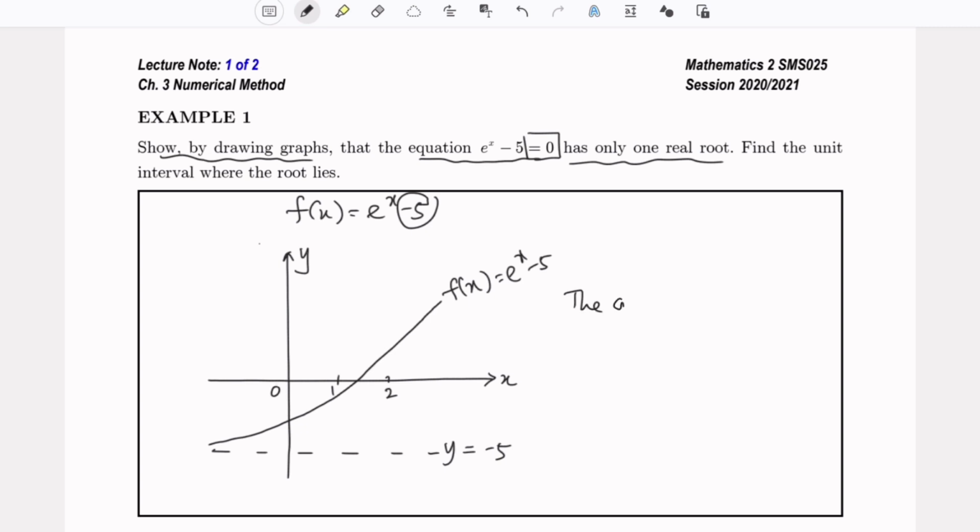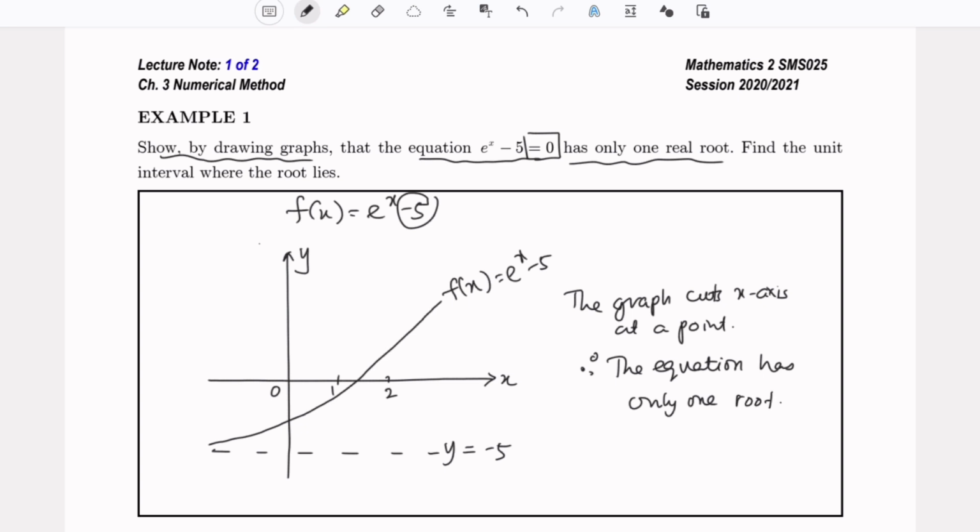So the graph cuts the x-axis at a point. Hence, the equation has only one root. The root lies in the interval (1, 2).